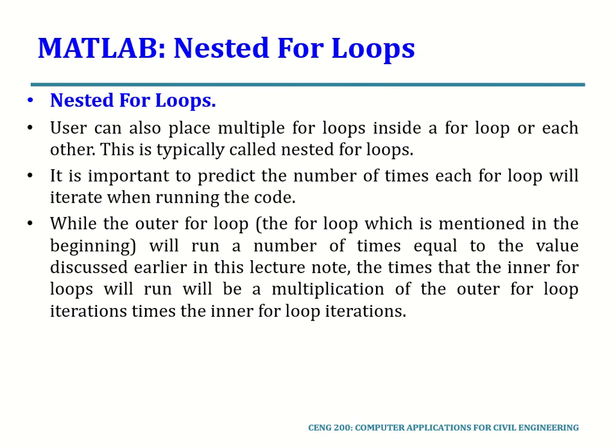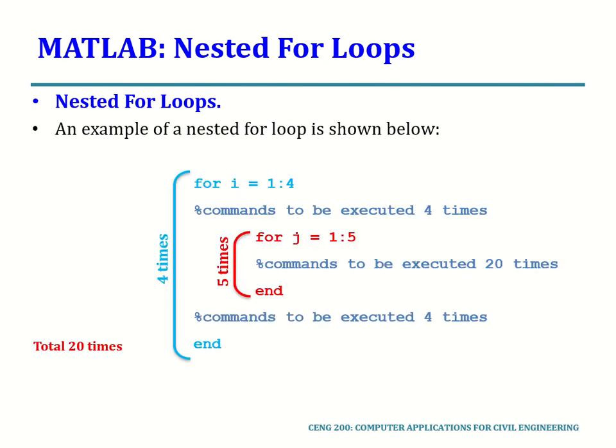So for example, if I have a loop, let me just directly go to the slide here. You see here we have two loops. The I loop, which is the outer one, will run how many times? 4.